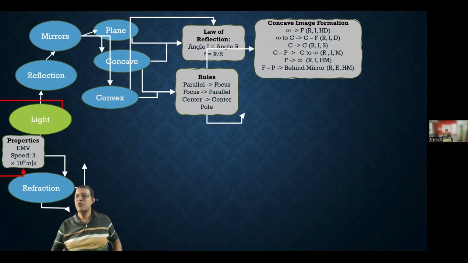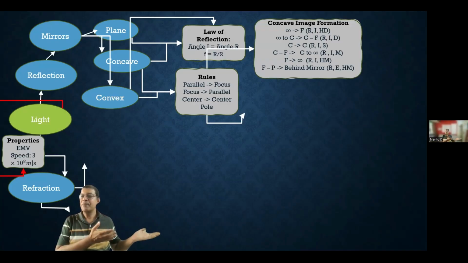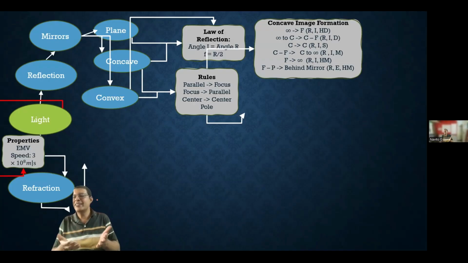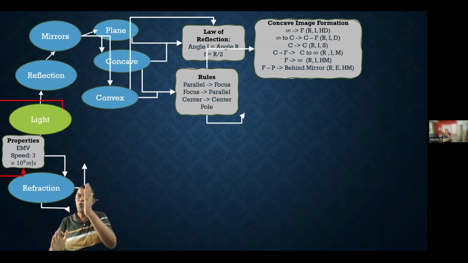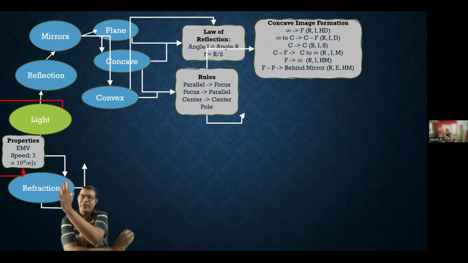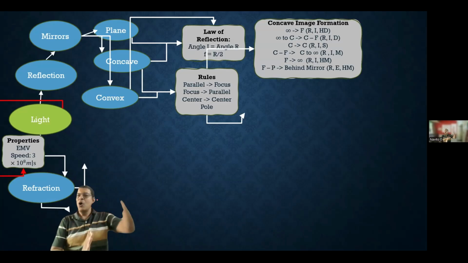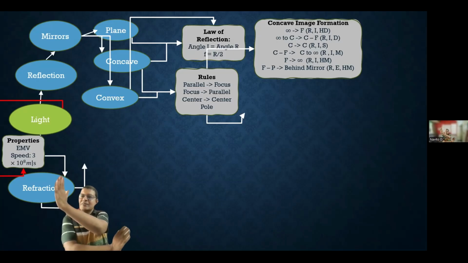Then we have seen the image formation rules. We have seen when the object is at infinity, what happens when the object is between infinity and center. In case of a concave mirror, as the object moves from left to right, the image moves from right to left. Object, image, object, image.